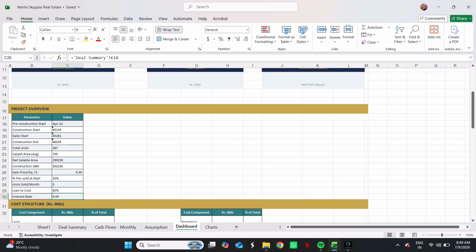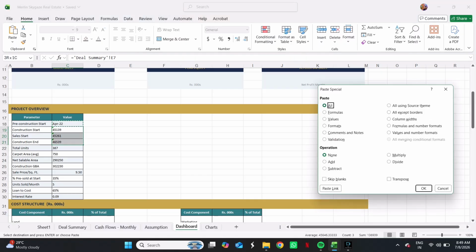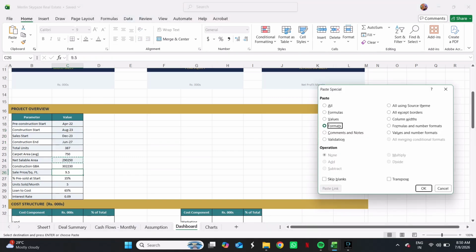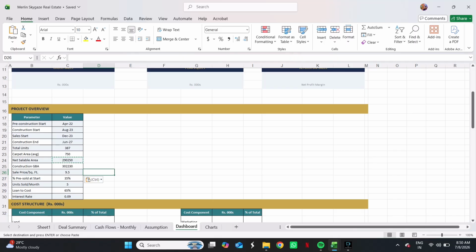Done. First we will copy this cell and we want this format. So shift down arrow, Control Alt V, and then press T for formats, and done. Okay, so our project overview is completed.